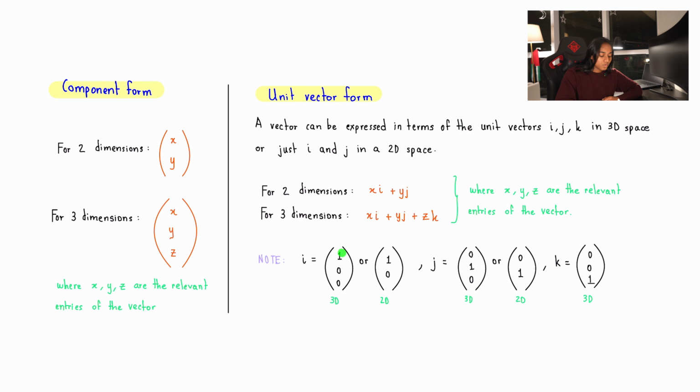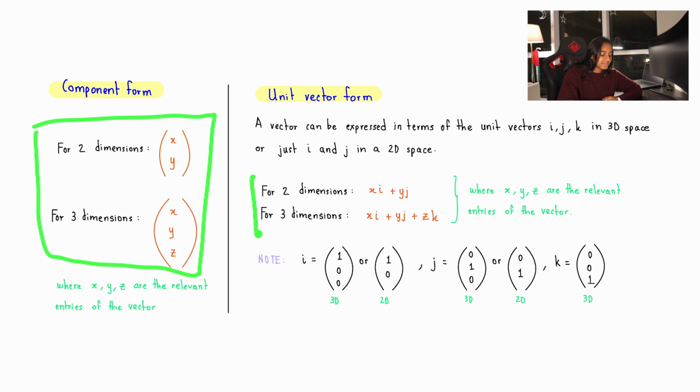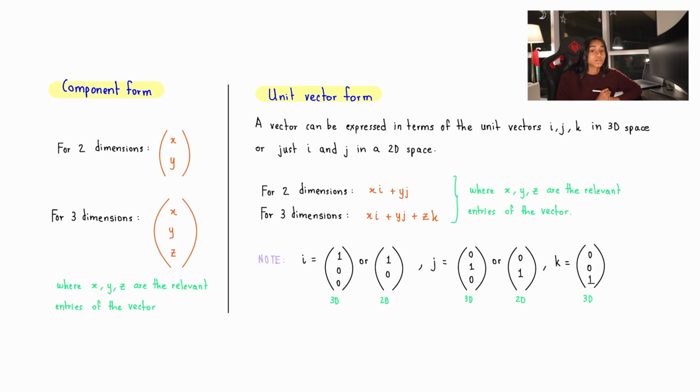So i would be 1, and then no values, because remember, this would be j, this would be k. So here we have 0, 1, 0 for j. And for k, we have 0, 0, 1 in the 3D space, right? So we'll get into that more in a little while. But for now, just try to familiarize yourself with these forms, because this is what we're going to have to know.